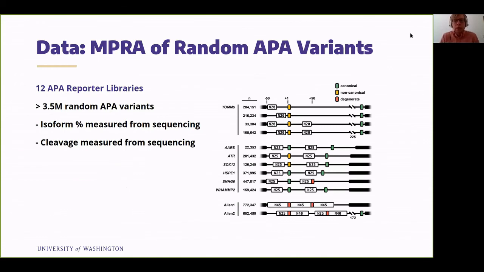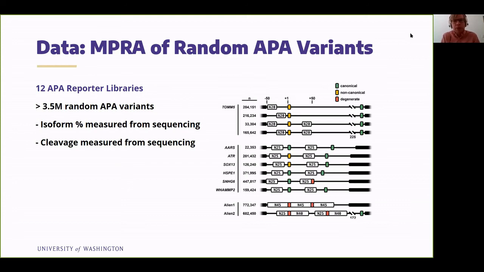So Nick constructed many different plasmid reporter libraries, with different sites relative to the poly-A signal where he inserted degenerate regions in order to get a lot of variation. All in all, he constructed 12 different APA reporter libraries with a total of more than 3.5 million random APA variants.